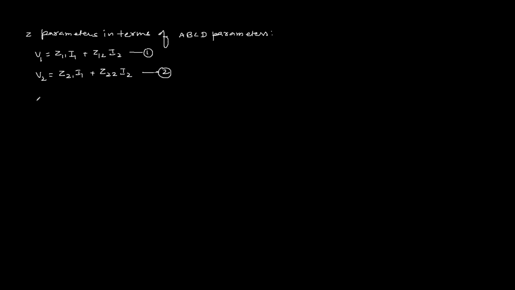Equations for ABCD parameters: the first equation is V1 equal to A V2 minus B I2, and another equation is I1 equal to C V2 minus D I2. Now we will have to modify equations 3 and 4 in the form of equations 1 and 2.